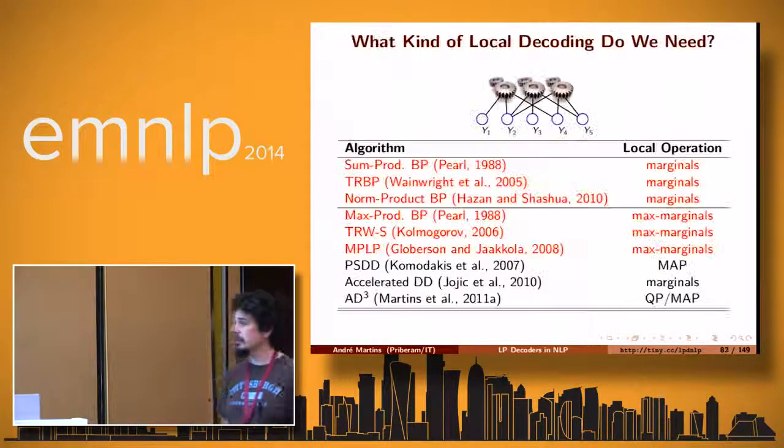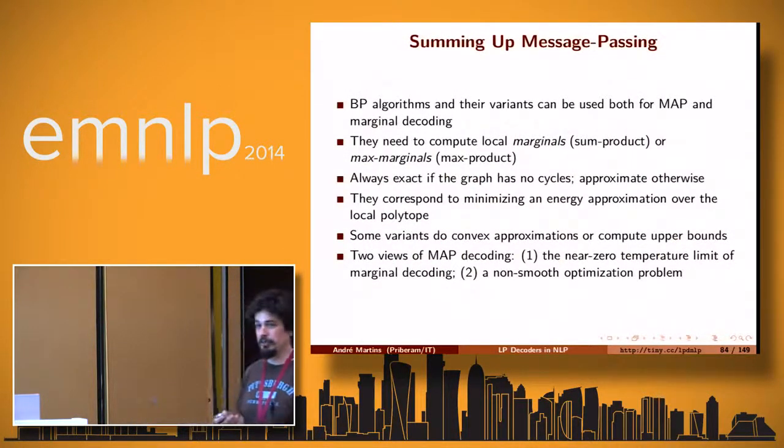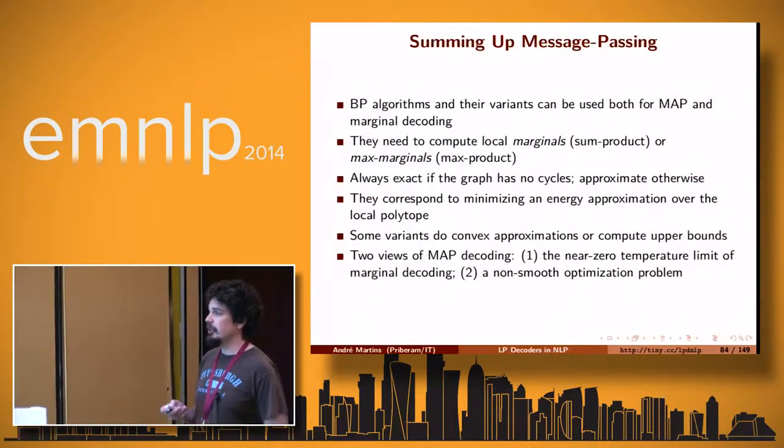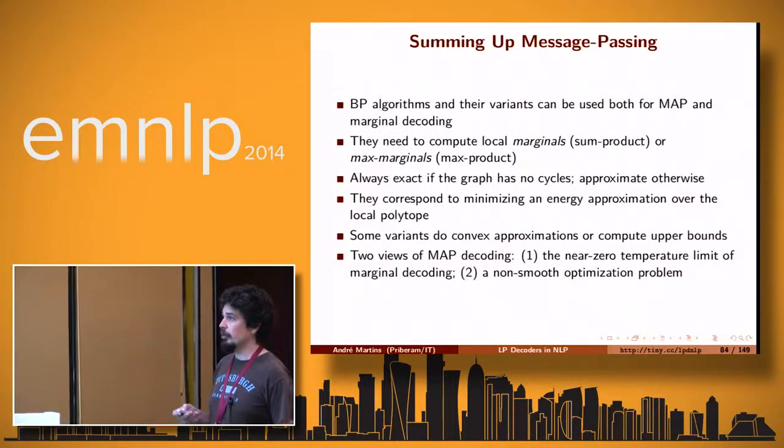All right, so next we are going to sum up message passing, and then we are going to talk about dual decomposition. In message passing, we have seen that BP algorithms and their variants can be used for both MAP and marginal decoding. The only operation that we need to perform is to compute max marginals, or local marginals in the case of sum-product. These algorithms are always exact if the graph has no cycles, otherwise they're approximate.